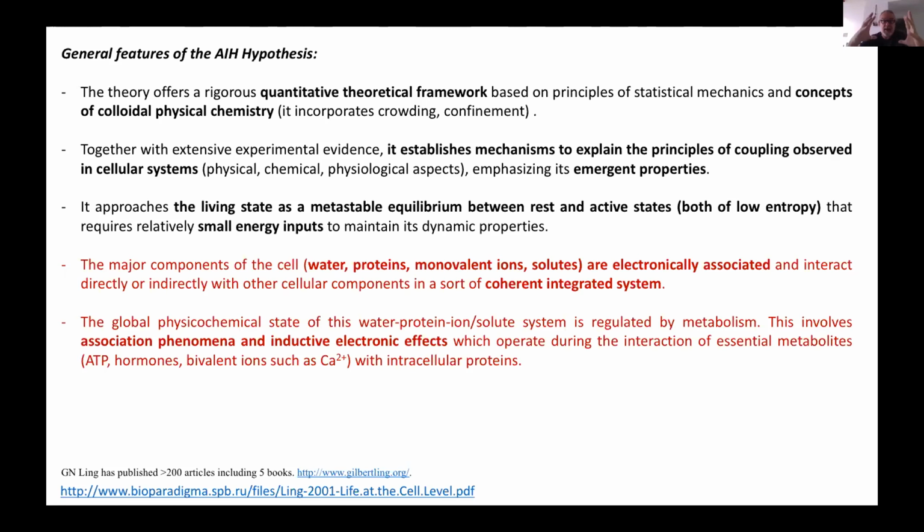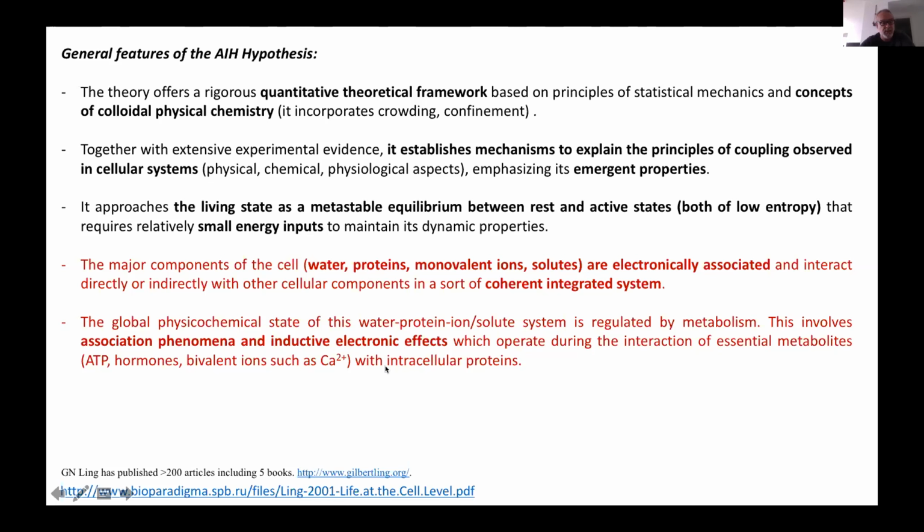This is how we see the cytosol. And the very interesting thing is that the global physicochemical state of all this amalgamate system will be regulated by metabolism through association phenomena and inductive electronic effects. This is a very large and very concise theory on these effects. And the key intervenors concerning inductive effects are ATP, hormones, and some divalent cations such as calcium, and the interactions with the intracellular proteins.